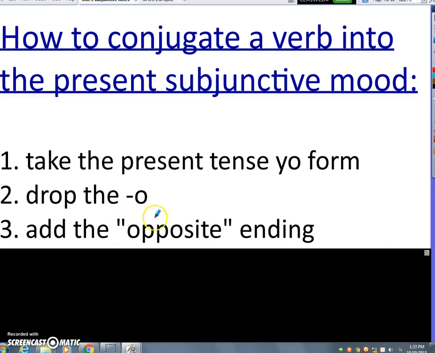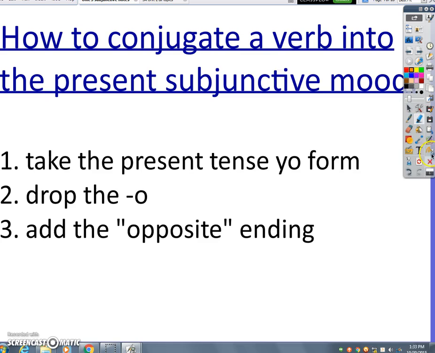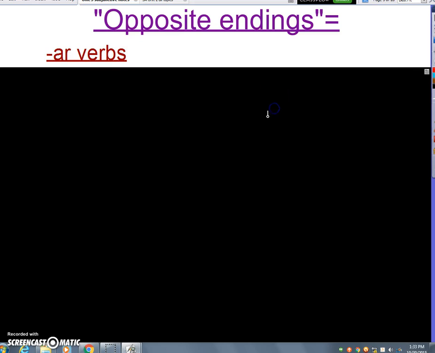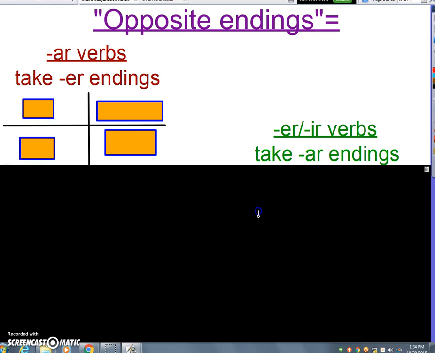And I have opposite ending in quotation marks because it's not a true opposite ending, but if you remember from doing commands, the opposite endings meant that AR verbs take ER endings and that ER-IR verbs take AR endings.